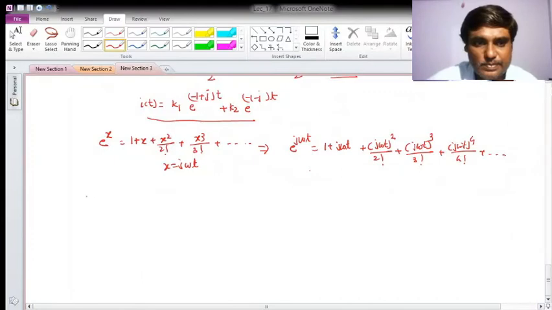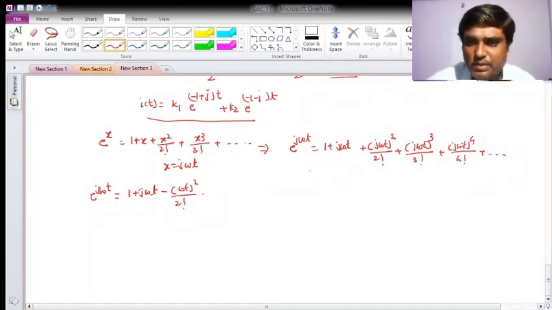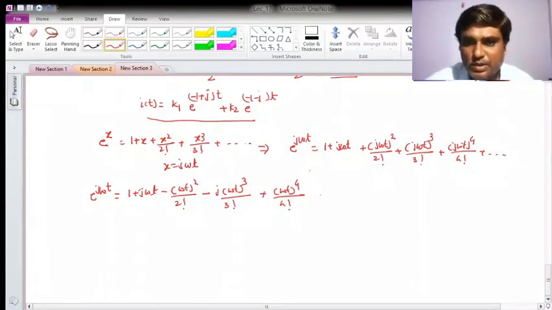Then if I expand it, just a quick revisit, it is related to Euler's identity. So it will be 1 plus j omega t, then j squared gives minus, so 1 minus omega t squared upon 2 factorial, minus j omega t cubed upon 3 factorial, plus omega t raised to 4 upon 4 factorial, plus j omega t raised to 5 upon 5 factorial, like this.